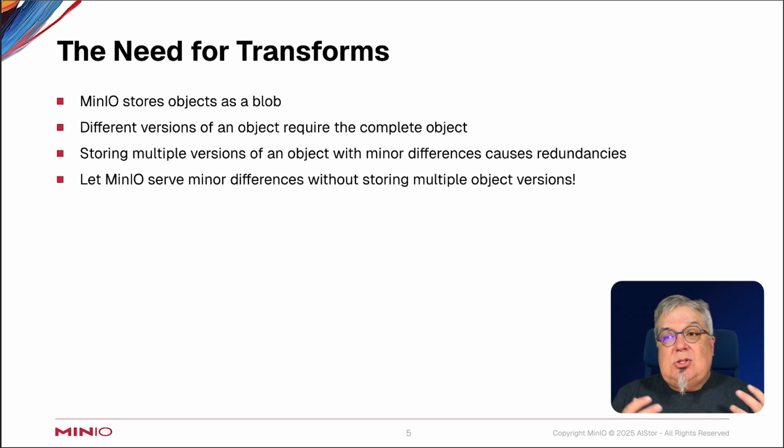And if you're going to be storing multiple versions of an object with some minor differences, that can cause redundancy, and then you have to keep track of which version you're going to download for which use case and all that other fun stuff. What the object transforms does for us is it allows us to let MinIO serve these minor differences without having to store multiple object versions. And this gives us a lot of flexibility.